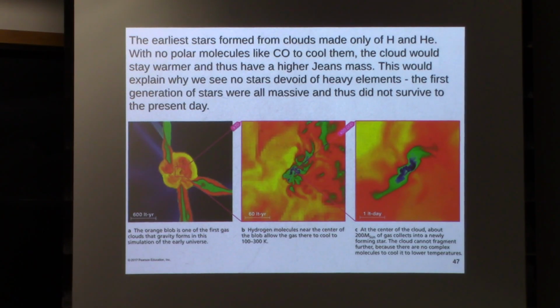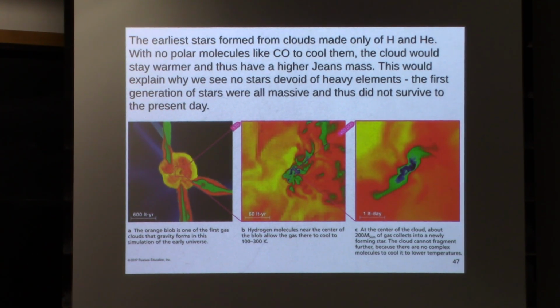And if the pressure is larger, it's going to make it harder for gravity to win the battle between pressure and gravity. It's going to increase the mass the cloud would need in order to collapse. So the Jeans mass would be larger, and that would explain why we don't see those stars. We don't see any stars with essentially no heavy elements in them at all.